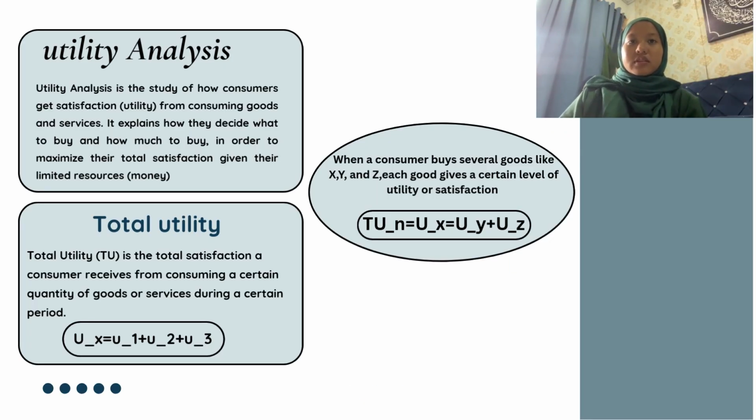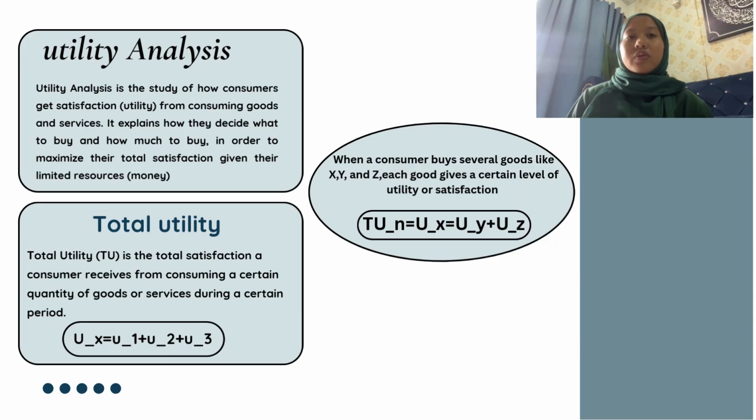Utility analysis is the study of how consumers get satisfaction from consumer goods and services. It explains how they decide what to buy and how much to buy in order to maximize their total satisfaction given their limited resources. Total utility is the total satisfaction a consumer receives from consuming a certain quantity of a good or service during a certain period.